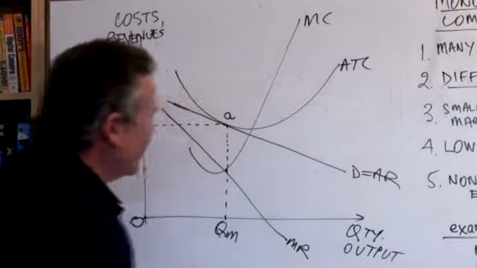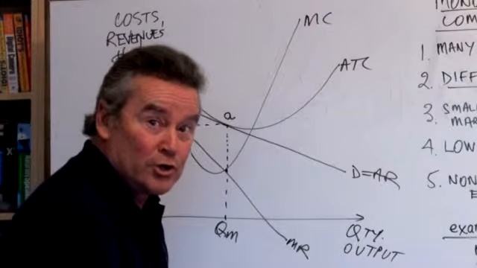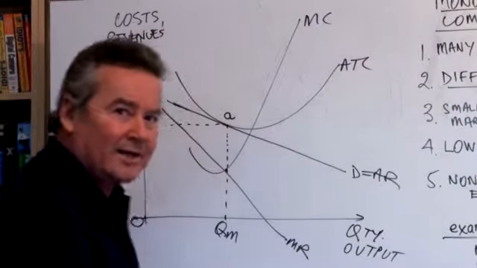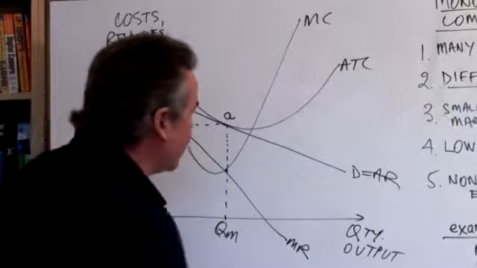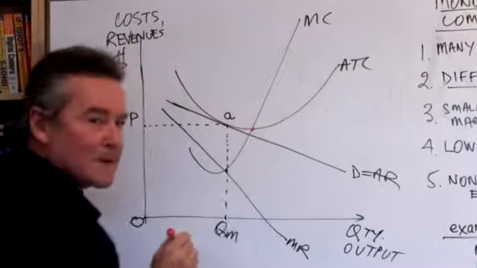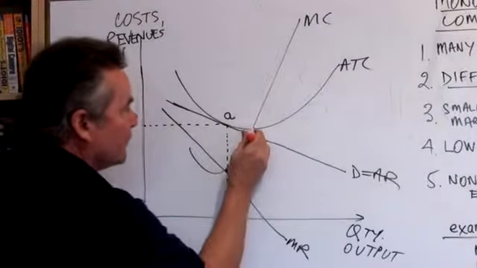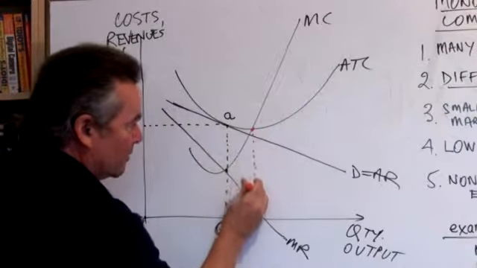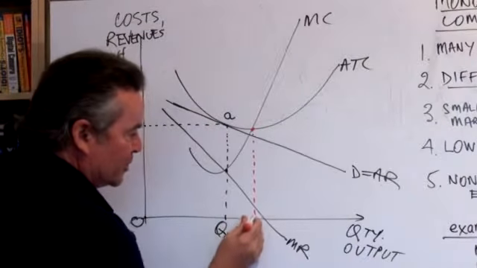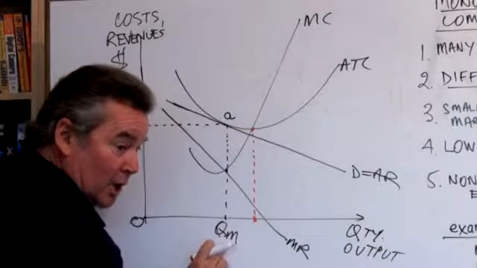Now, how are these firms performing with respect to our notions of productive and allocative efficiency? Let's check it out. We need to go back to that magic point again. There it is, minimum ATC. Now, if the firm was behaving, say, like a purely competitive firm, they'd be producing this quantity of output. They're not. They're producing a lower quantity.